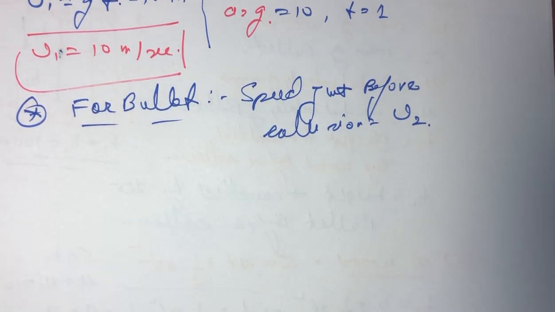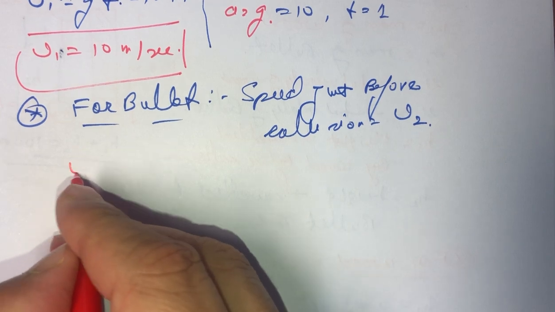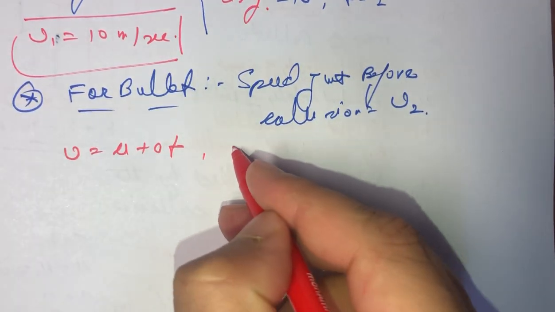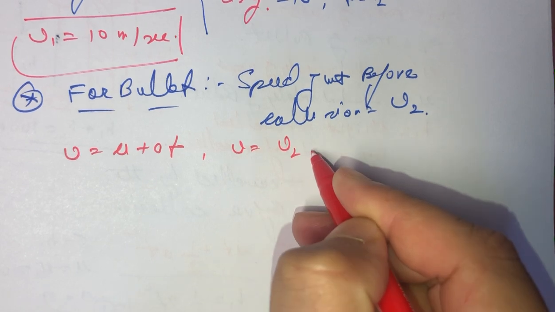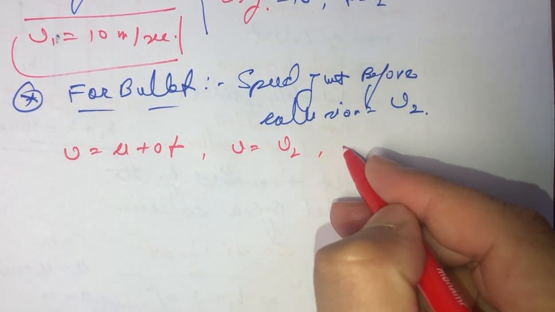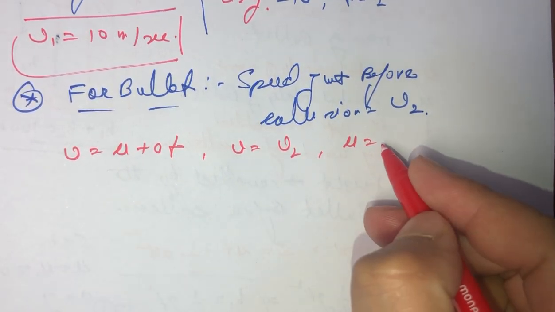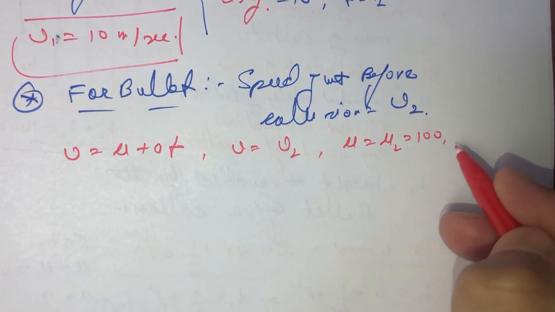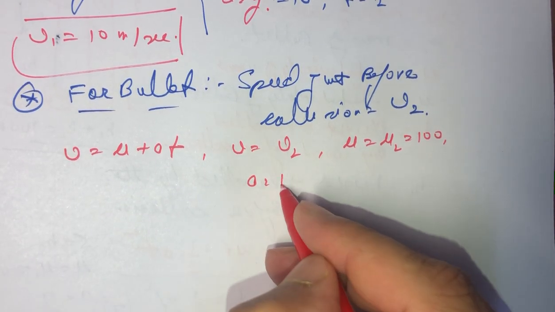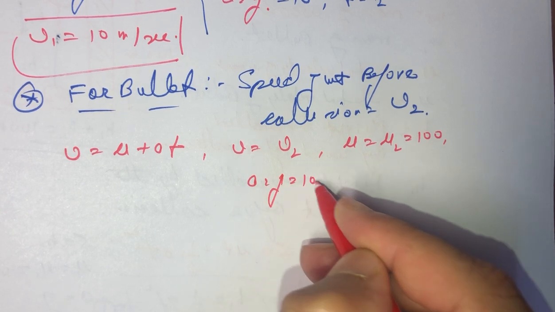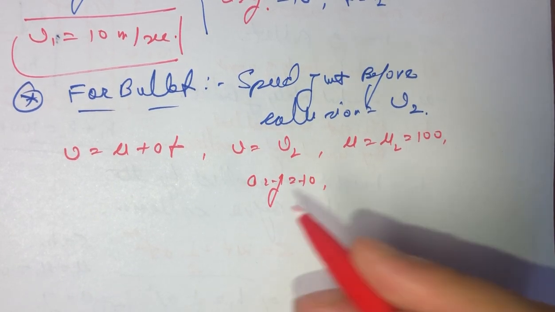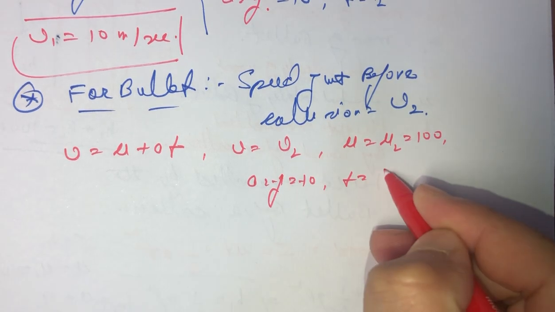Once again, using the equation v is equal to u plus at, v is equal to v2 and u is the initial velocity, which is u2, given as 100, and a is equal to g, which is equal to 10, or we can say minus 10, and we have t equal to 1 second.